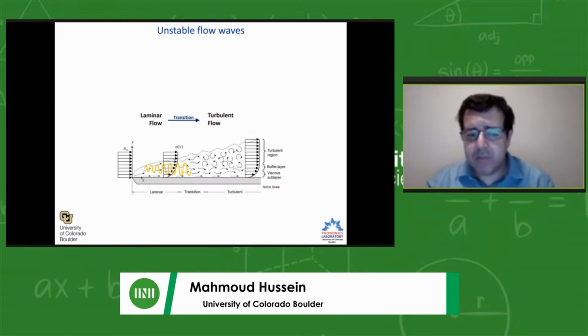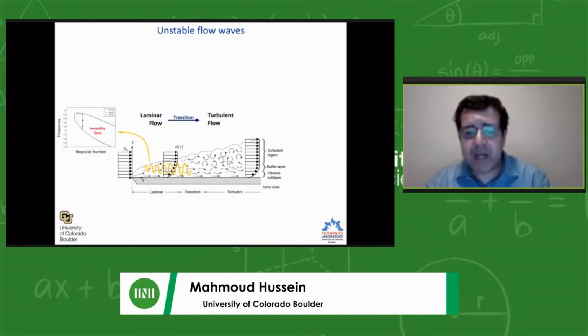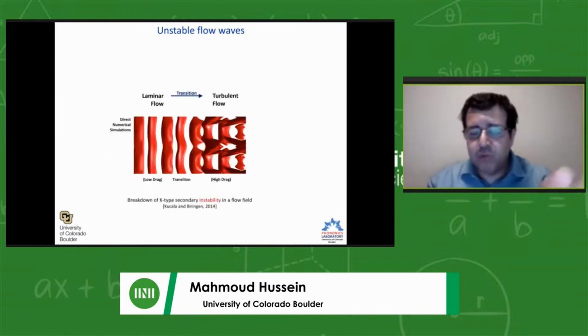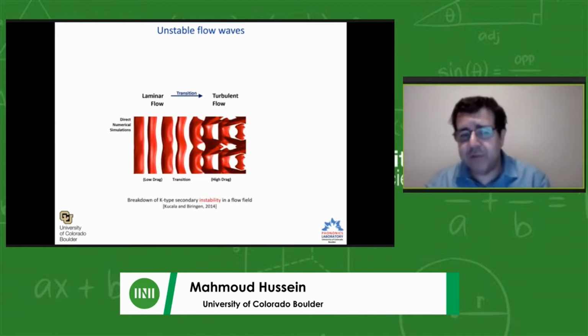And these modes can actually be characterized by solving the linearized form of the Navier-Stokes equation. So you get a frequency versus Reynolds number picture that tells you exactly in this map which modes are stable and which ones are not. We can appreciate this by doing a full-fledged direct numerical simulation.